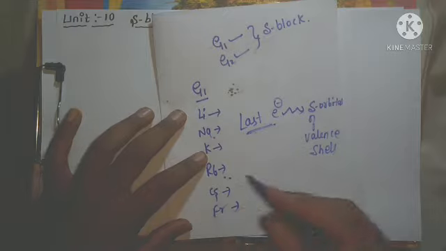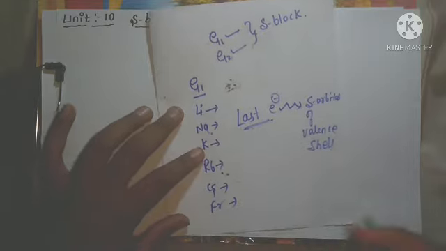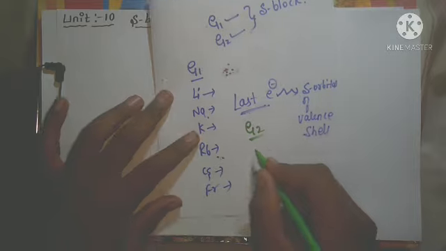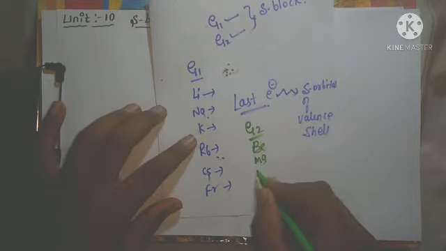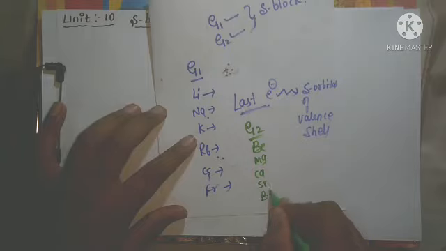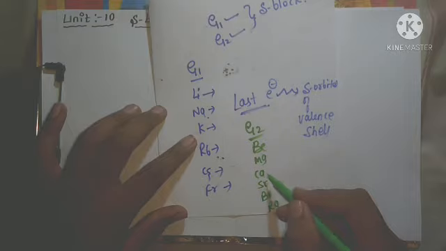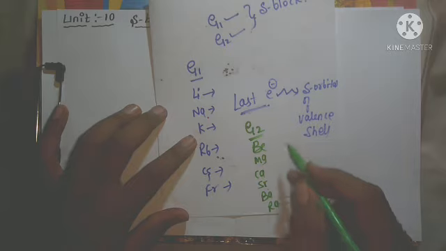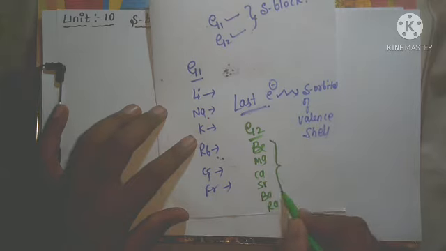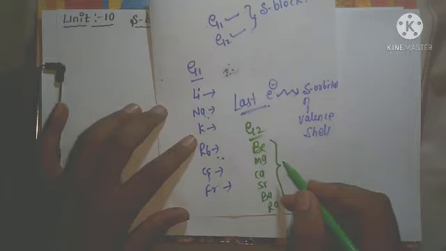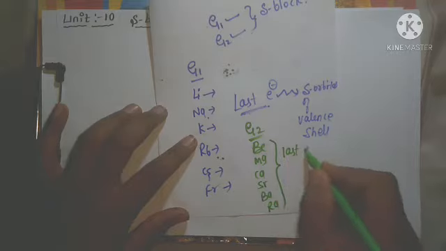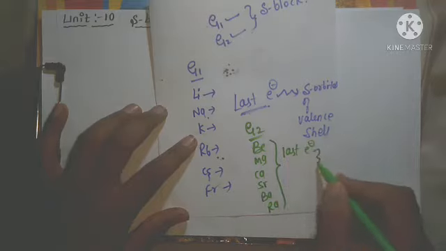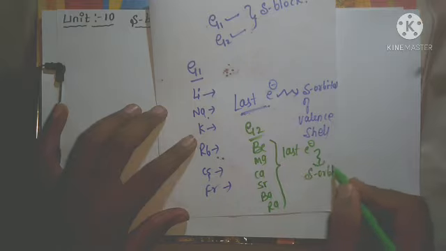Similarly, for group 2, what are the group 2 elements? Beryllium, magnesium, calcium, strontium, barium, radium. These are also called S block elements, because in all these elements, the last electron enters into the s orbital of the valence shell.